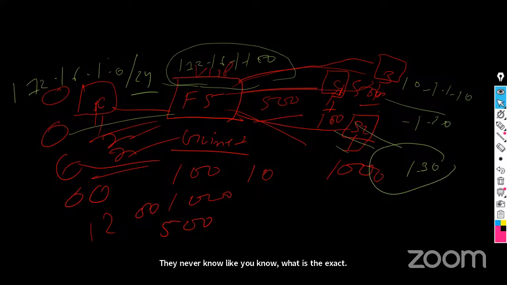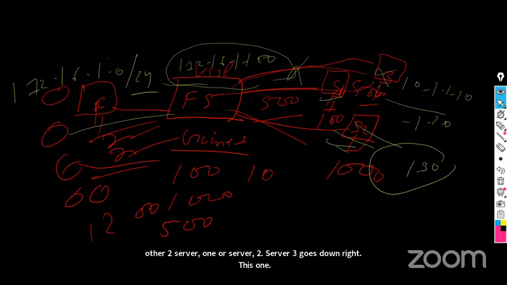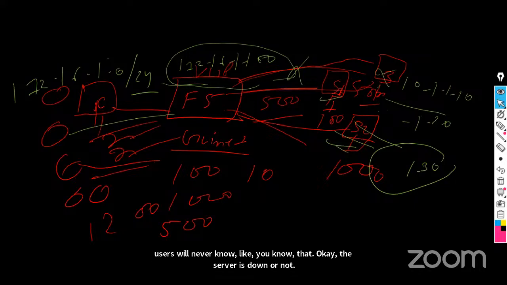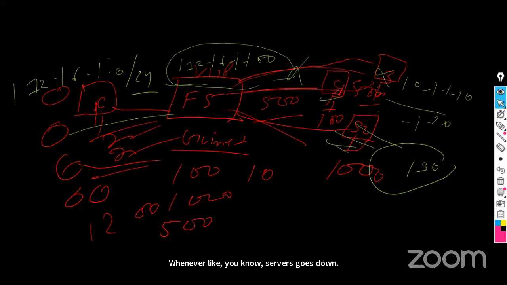And if, for example, server 3 goes down, the other servers, server 1 and server 2, will carry the traffic. So the users will never know that server 3 is down. And whenever servers go down and up, who is monitoring this?